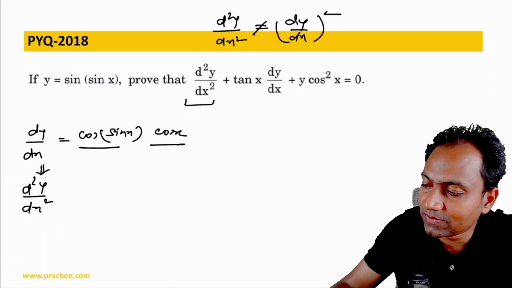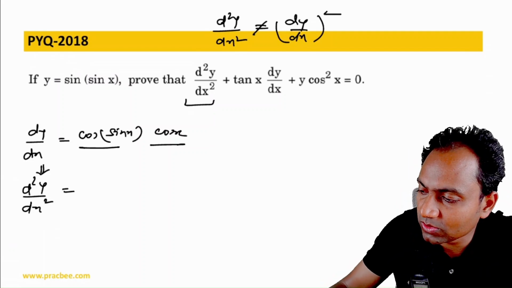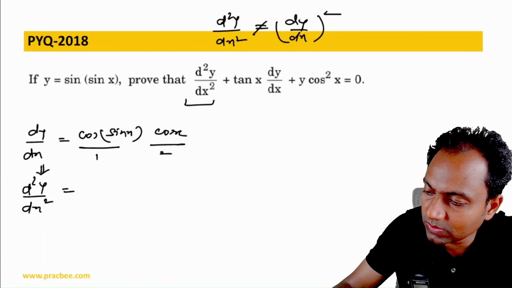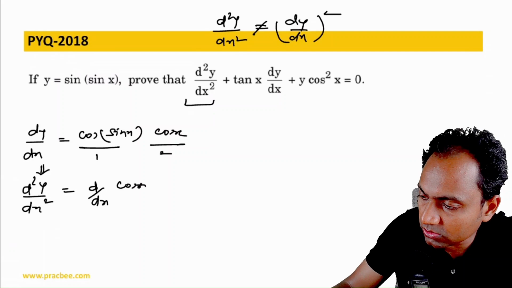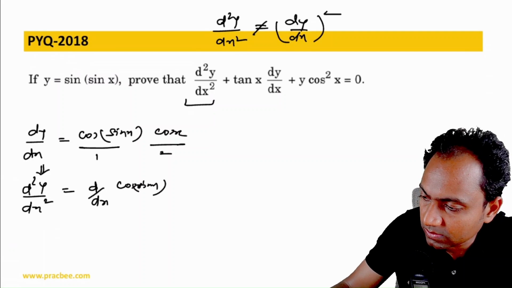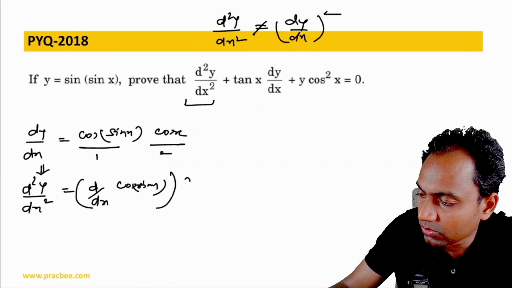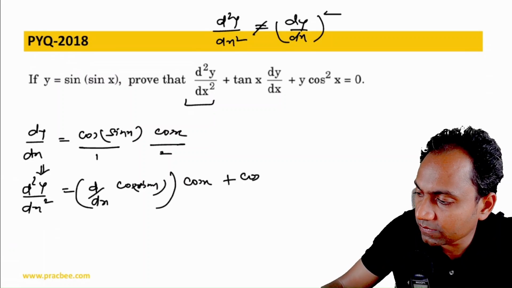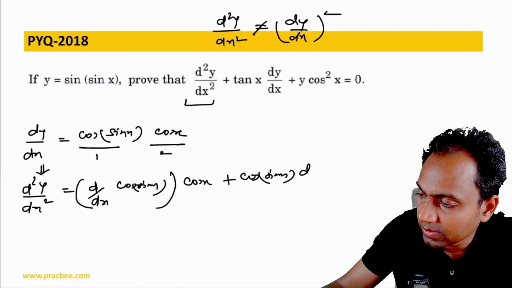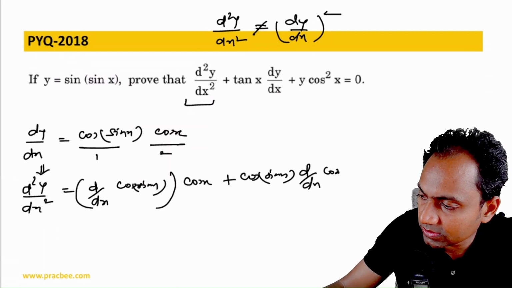Now, if they're asking this, if I differentiate once more, you can see that there are two terms, 1 and 2. So we'll have to use our product rule. So d by dx of cos of sin x into cos x, plus cos of sin x into d by dx of cos x.